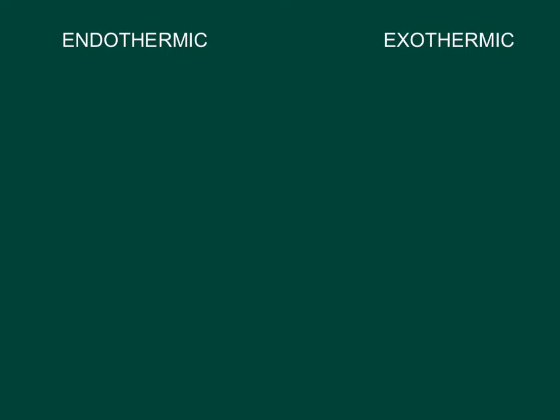Now that we've talked about what exactly is happening in an endothermic or exothermic reaction, let's talk about some examples. Anytime there's going to be a flame or heat released, you know it's going to be exothermic.